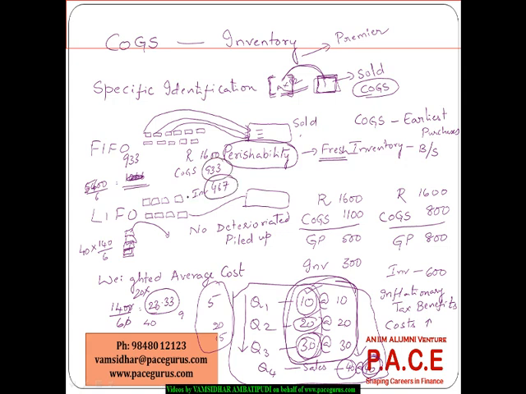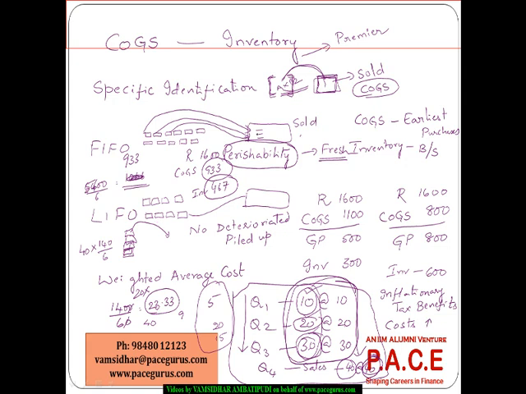Cost of goods sold is showing 933. So the cost is averaged out across the entire period, and depending on the number of units that are sold, the corresponding expense is treated as a part of cost of goods sold, and the remaining is treated as a part of the ending inventory, right?